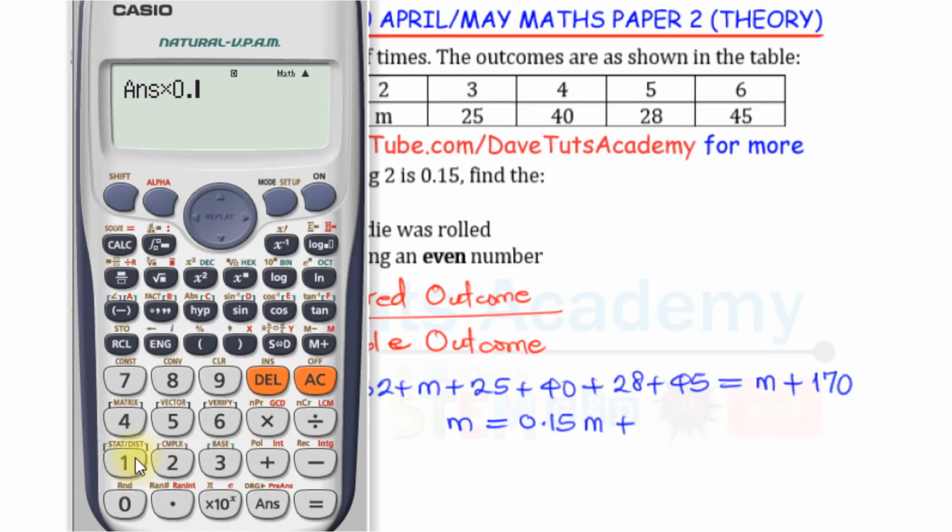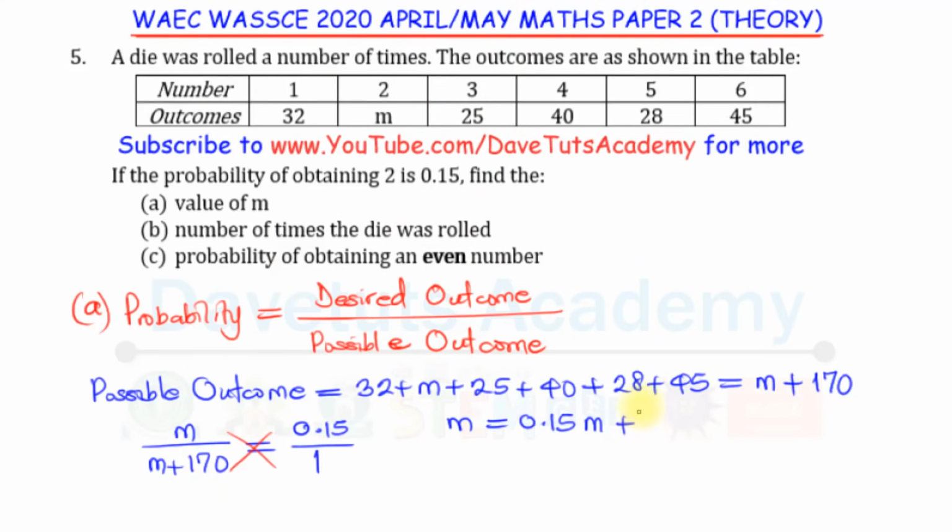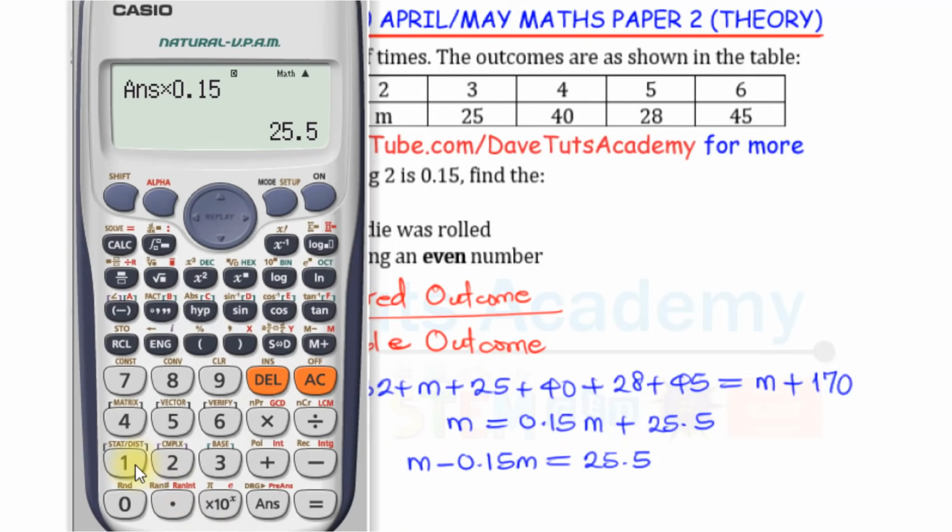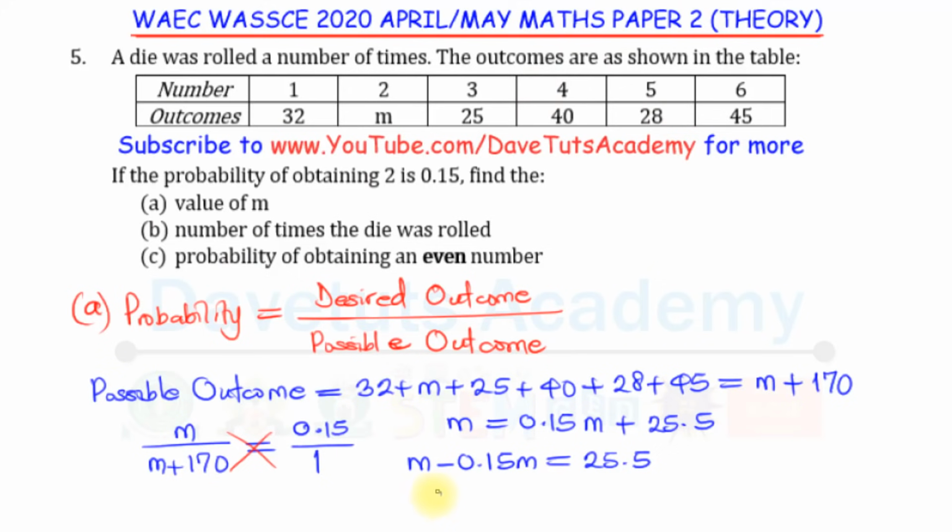170 times 0.15 is equal to 25.5. So if we take 0.15 m to the other side, we have m minus 0.15 m is equal to 25.5. m minus 0.15 m will be 1 minus 0.15, because m has 1 as its coefficient, so this will be 0.85 m. 0.85 m is equal to 25.5.